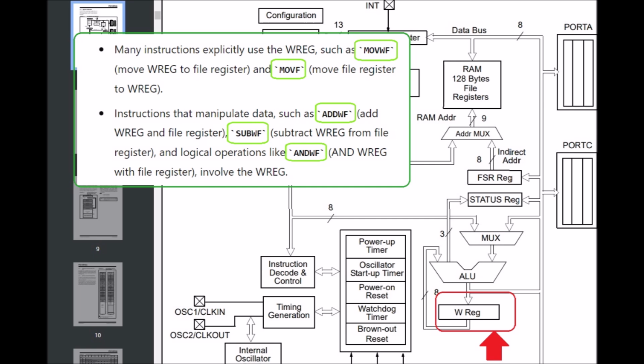Instructions that manipulate data, such as ADDWF, add WREGE and file register, SUBWF, subtract WREGE from file register, and logical operations like ANDWF, AND WREGE with file register, involve the WREGE.